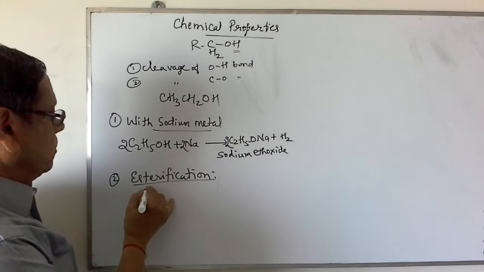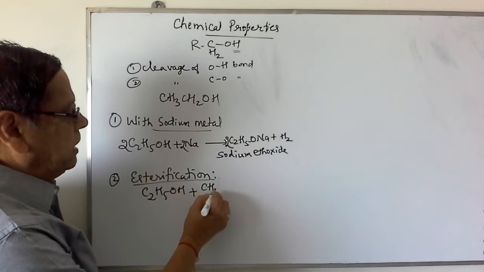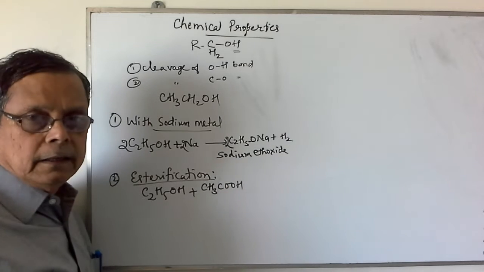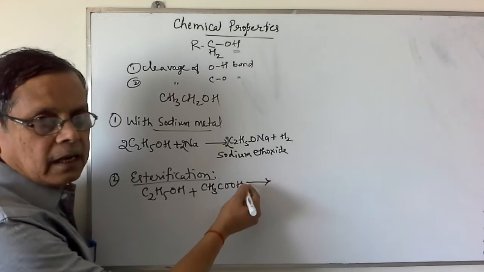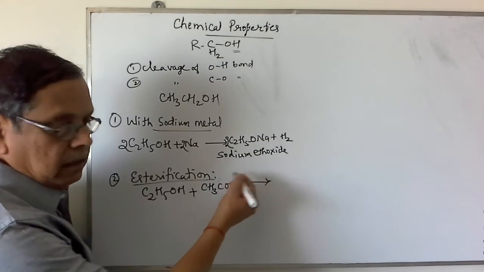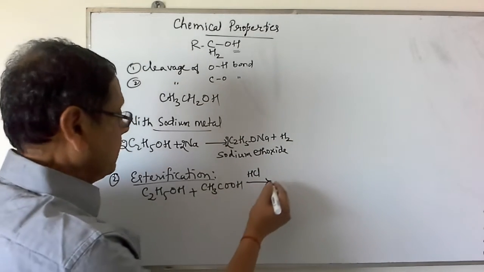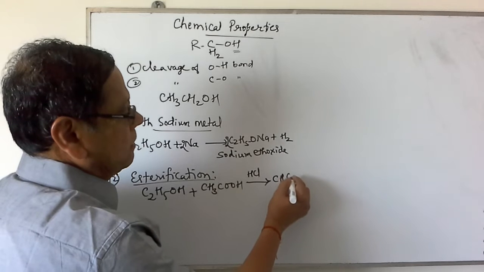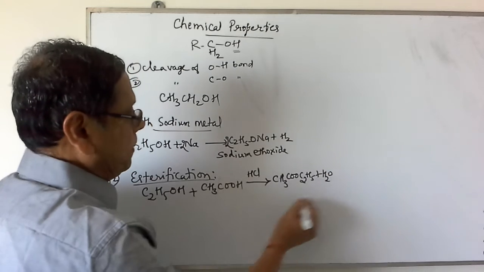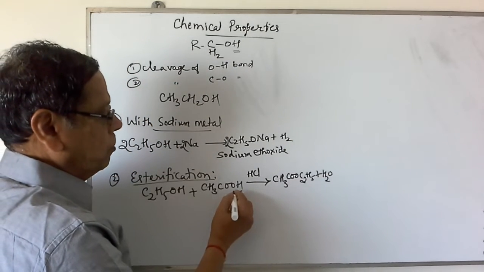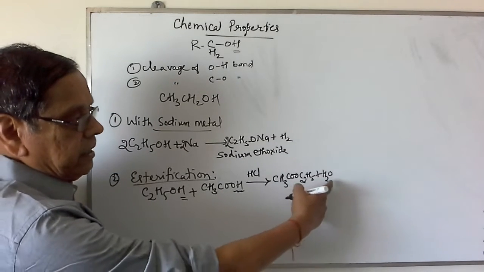In general we can write this as C2H5OH, ethyl alcohol, plus an acid like acetic acid, in presence of a dehydrating agent like dry HCl or zinc chloride, etc. Usually this reaction is carried out with HCl. So we will get CH3COOC2H5 along with the formation of water. That is, the OH group of the acid and the hydrogen of the alcohol are eliminated as a water molecule.